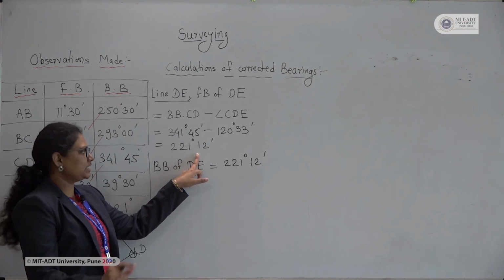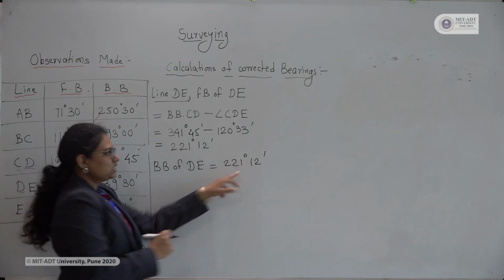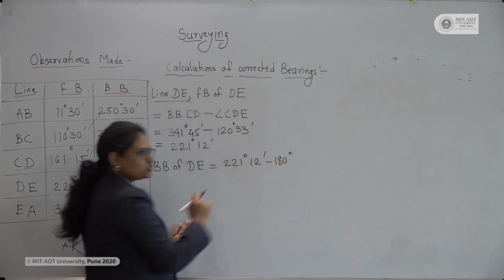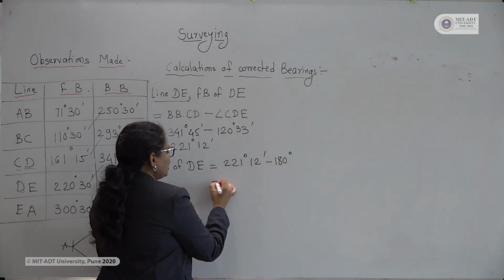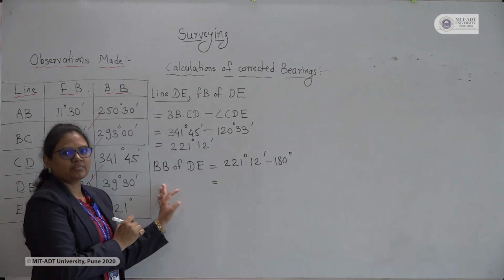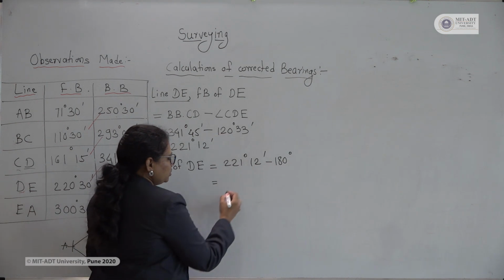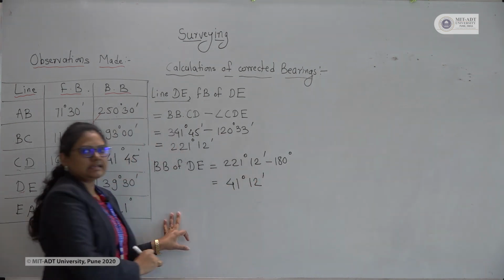If it is less than 180, then we will add 180. So this value is more than 180 degree, so I will subtract 180 degree from this one, and then you will get the corrected back bearing of line DE. After subtracting these two values, you will get the answer as 41 degree 12 minutes.